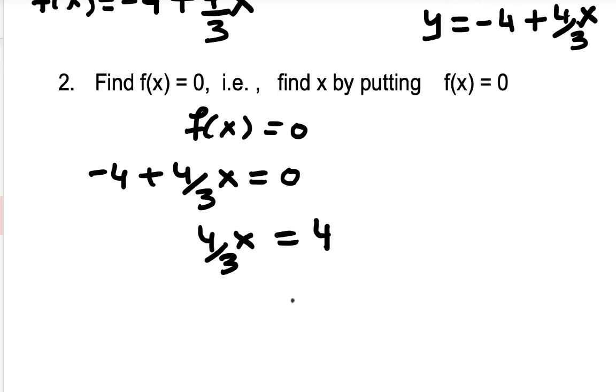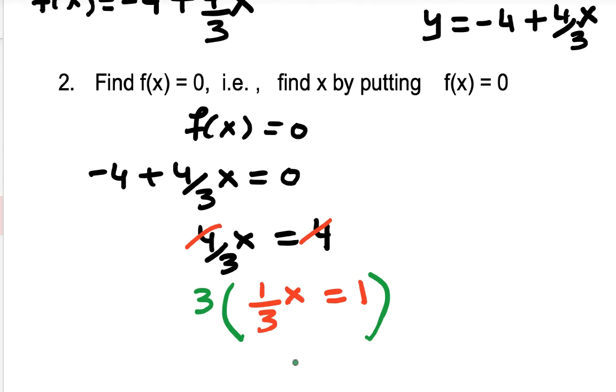Now we can cancel the 4's on both sides of the sign. So let's go ahead and cancel 4 here. What are we left with? 1/3 x equals 1. And then we can multiply this whole equation by the reciprocal of 1/3, which is 3.